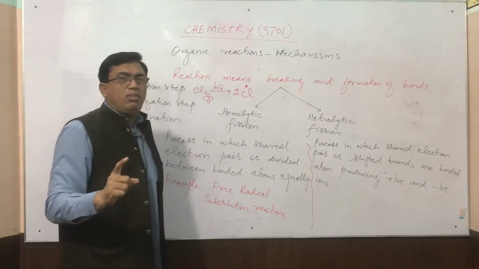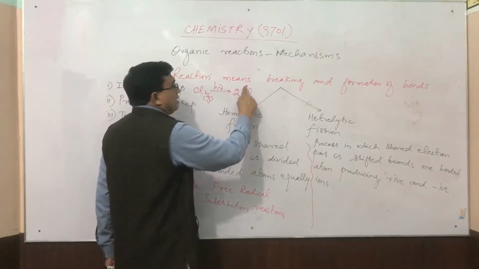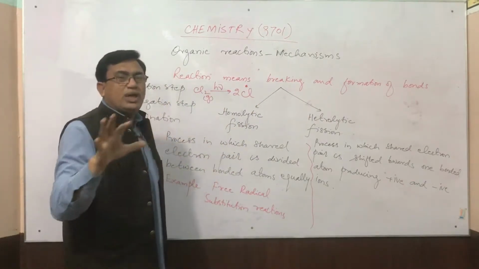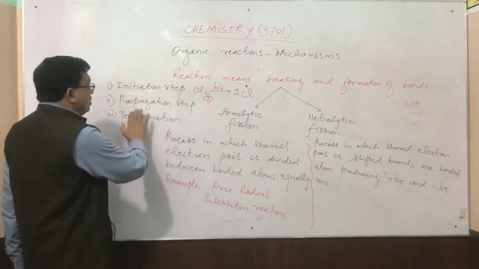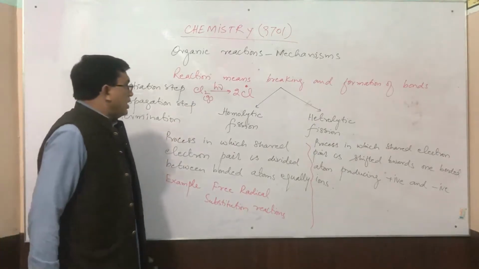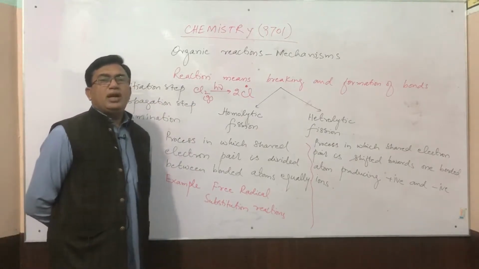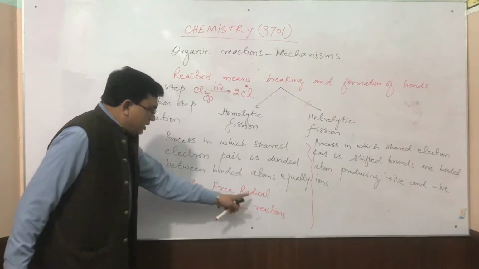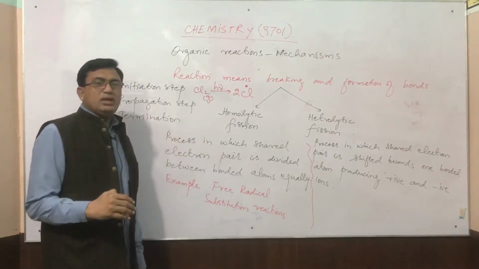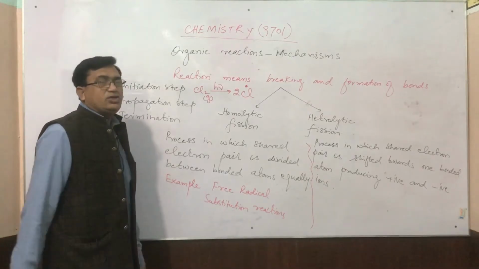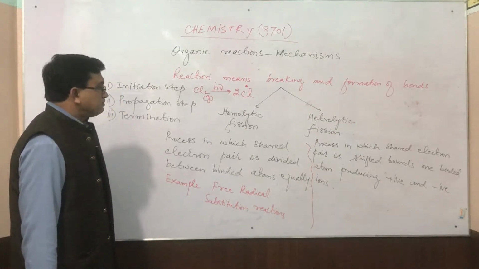It has an odd number of electrons in its last shell without any charge. These free radicals are used to start the chemical reaction, and in this manner the free radical substitution reaction takes place, which is the basic property of saturated hydrocarbons.